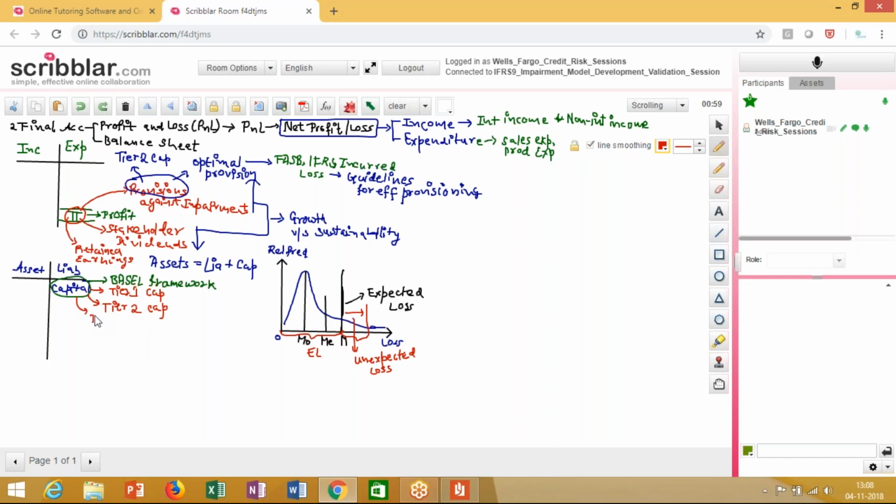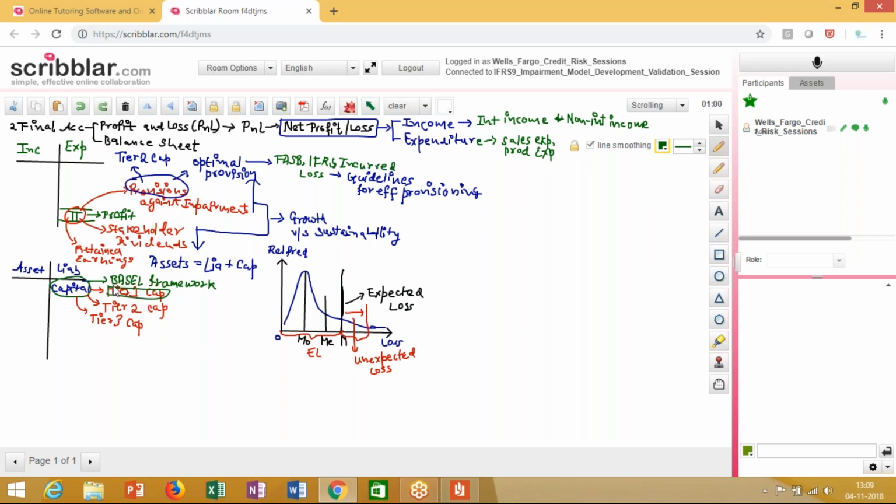And the third is tier 3 capital. Now, unexpected losses have to be absorbed specifically by the tier 1 capital of the bank.